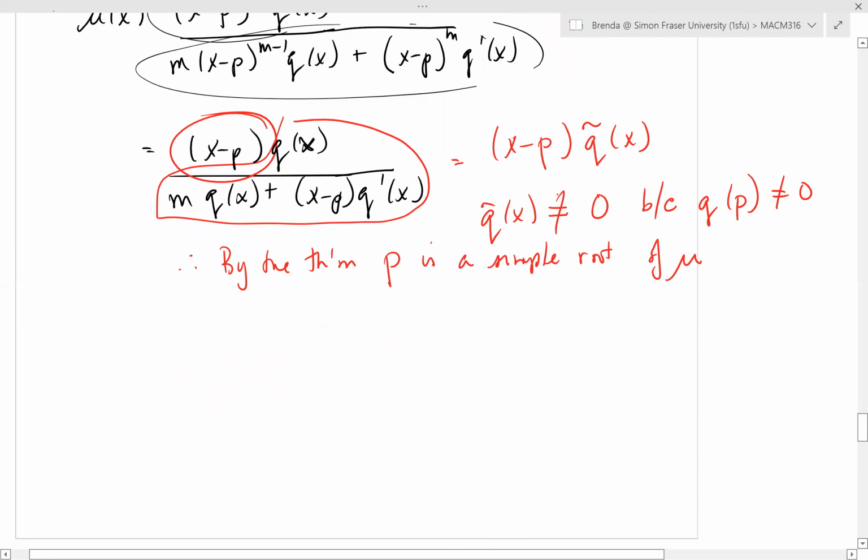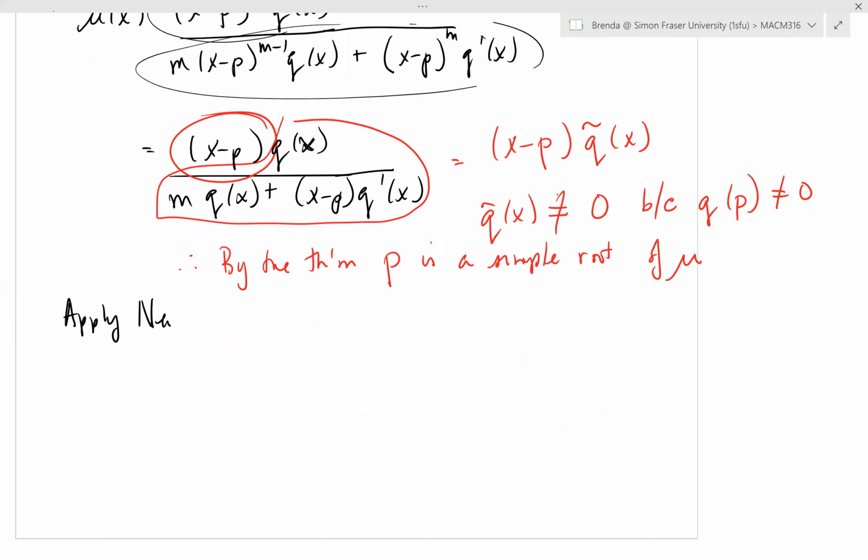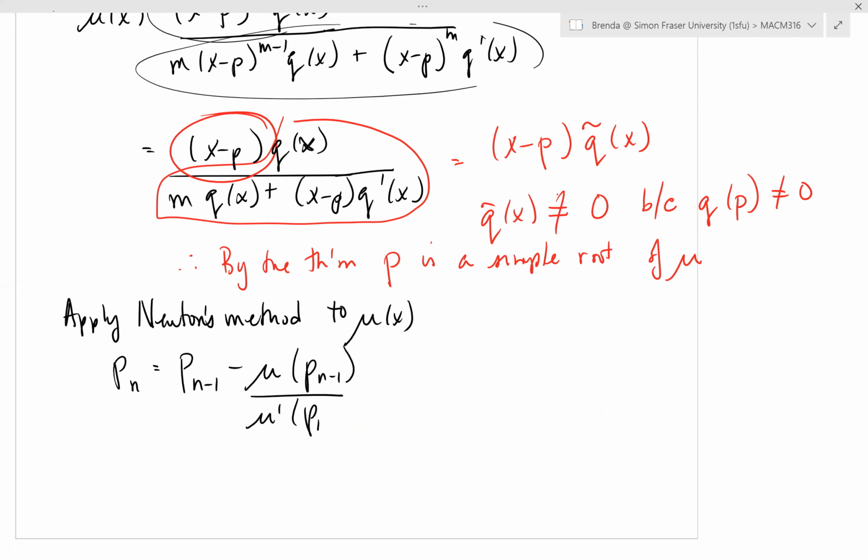Now we're going to apply Newton's method to mu of x. And what is Newton's method? It looks like this: the nth estimate of the root is the n minus first estimate minus mu at that estimate divided by mu prime at that estimate.